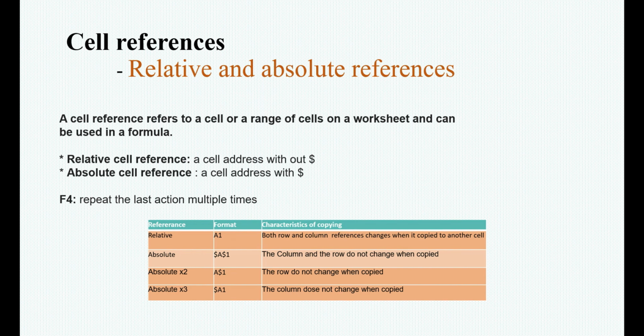If you hit the F4 key a second time, you will get a dollar sign before the row number only, and the row does not change when copied. If you hit the F4 key a third time, you will get the dollar sign before the column letter only, and then the column does not change when copied.